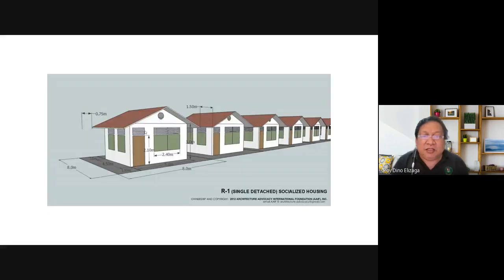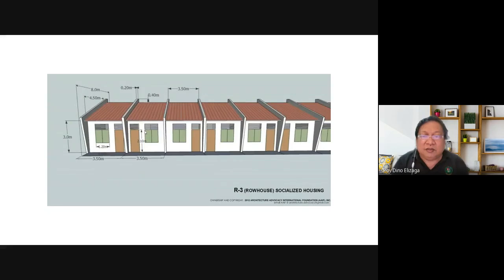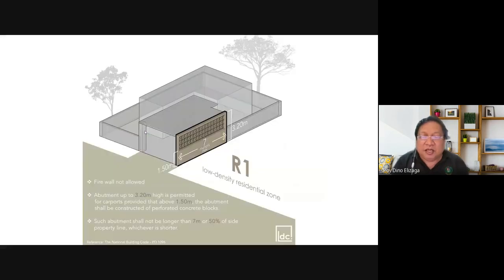Socialized housing. So we have the same types of restrictions. And here are some restrictions about the firewall. This is what I meant, because some of you might still be confused about the setbacks and the abutments and the uses of them.